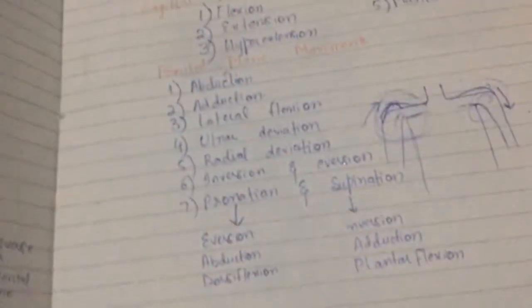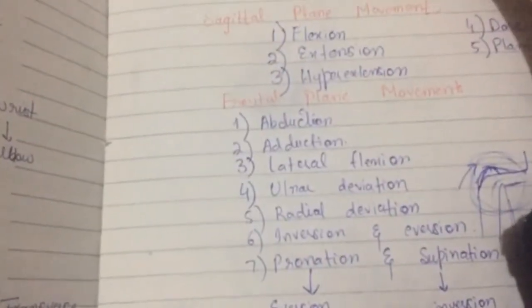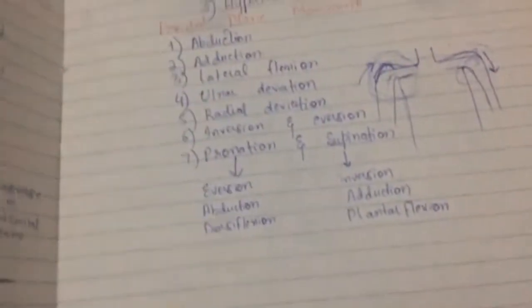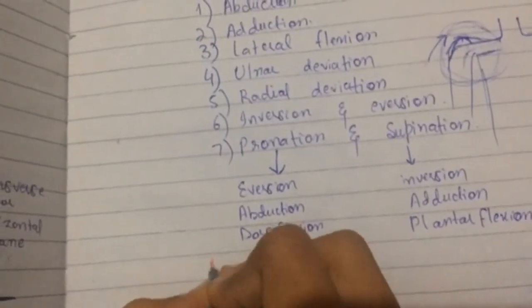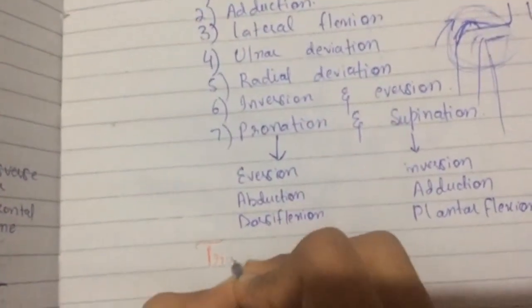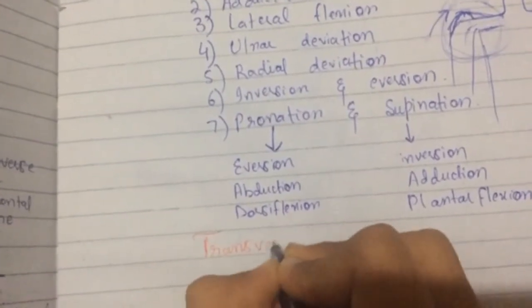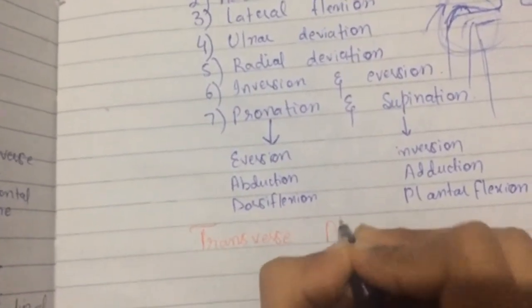Now we have to go on to the next movements, called the transverse plane movements. First we have to write transverse plane movements.